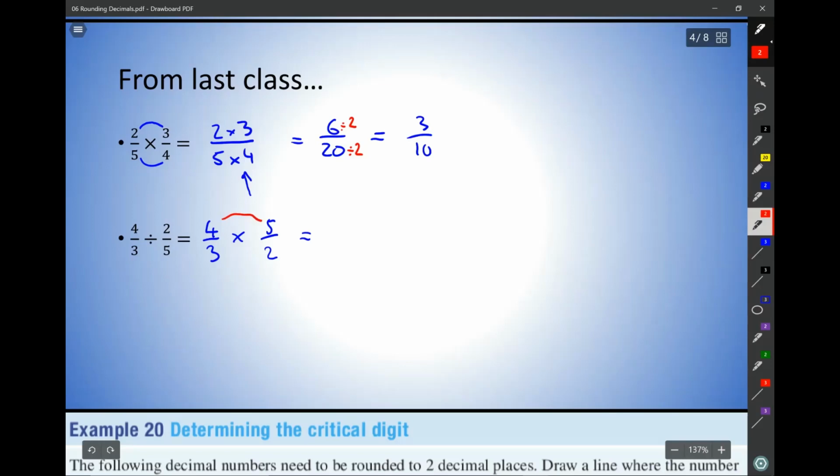If we times top with top and bottom with bottom, we already know how to finish off this question because we just did it up there. We've done the same thing and divided top and bottom by 2.